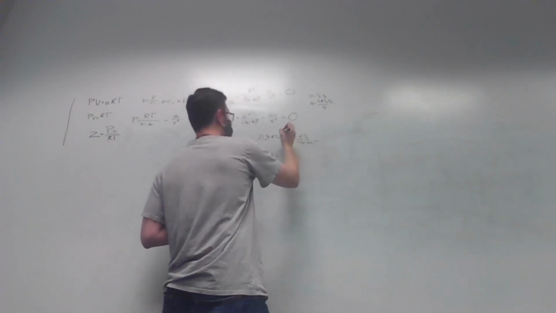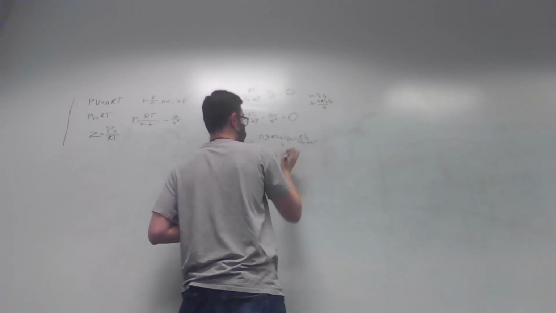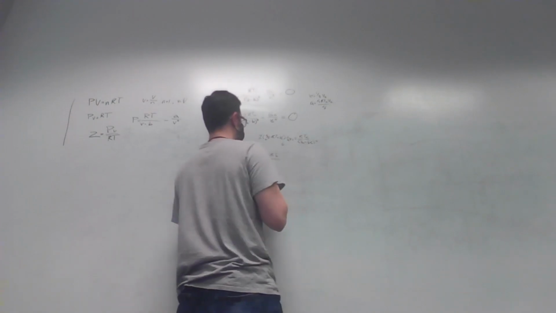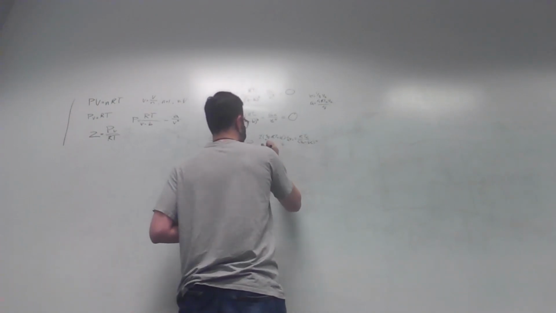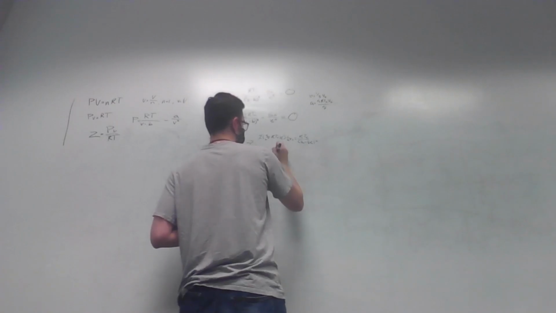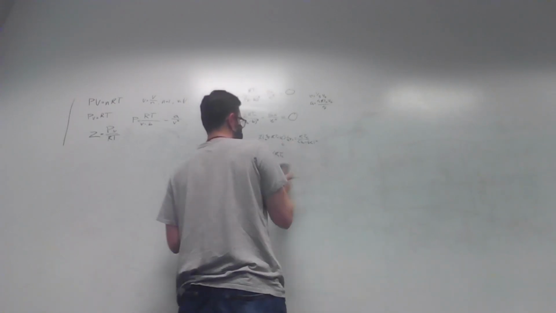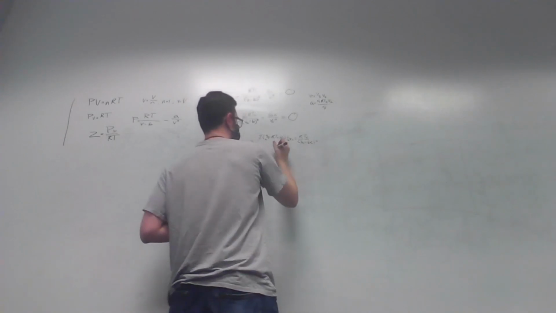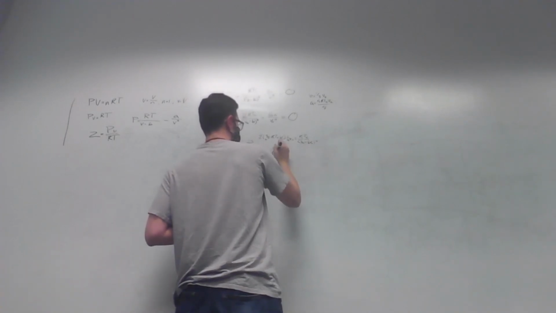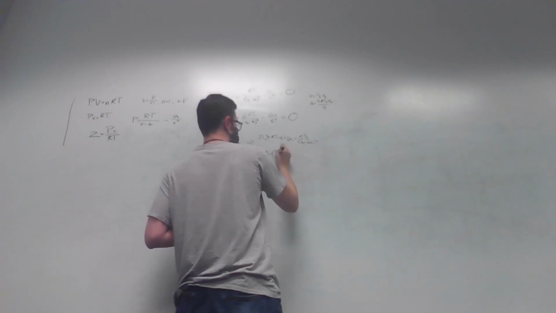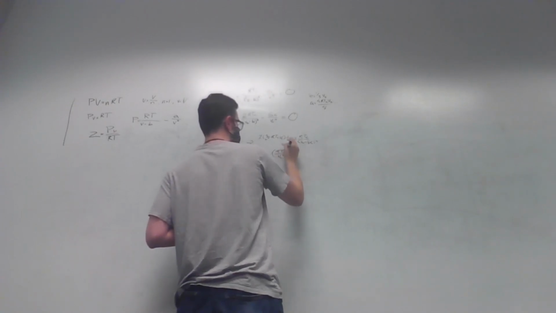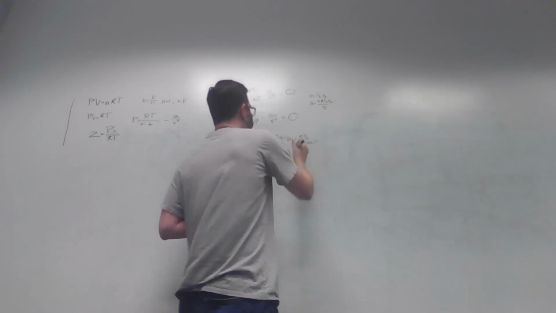These actually cancel, this is 2 over 9/4 R times critical temperature, R times critical temperature divided by critical volume squared. There, that's better.